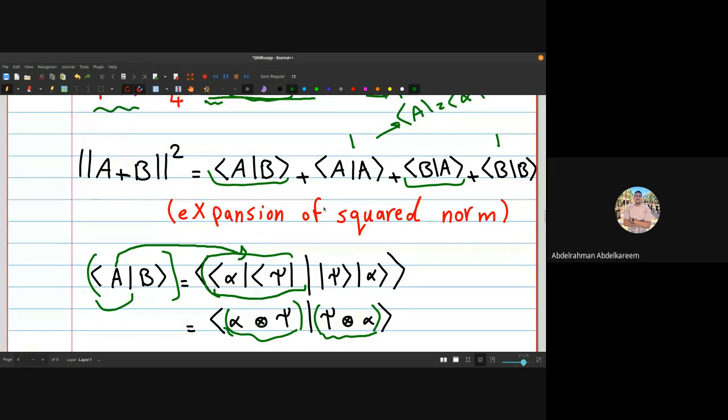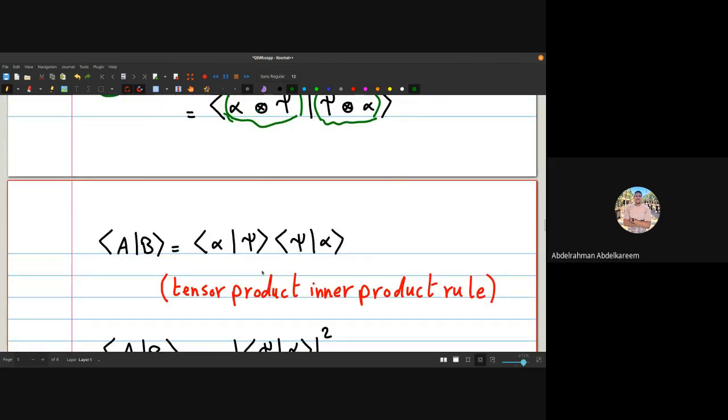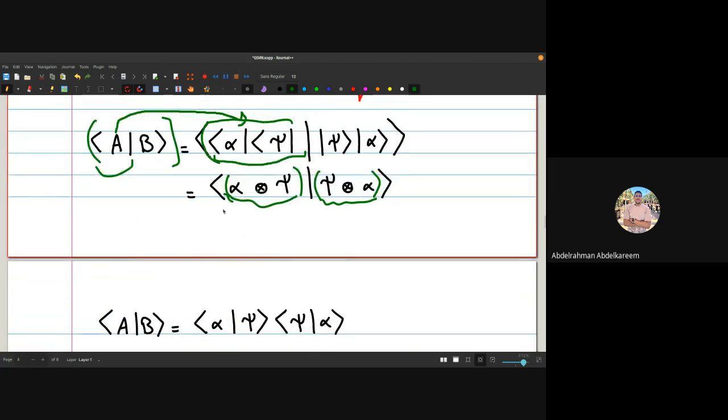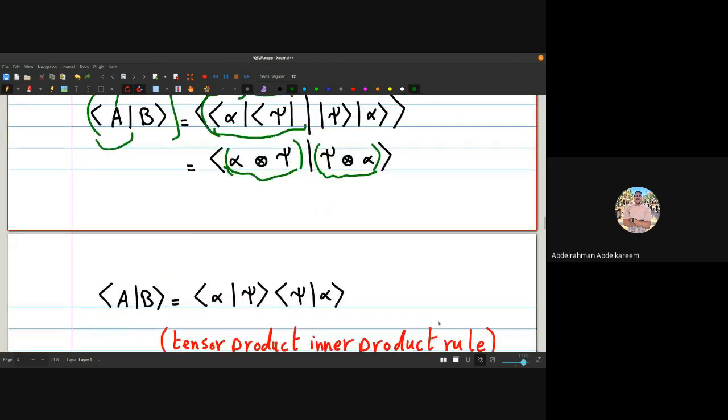So we want to get the inner product between A and B. So we end up with an inner product between two tensors. Okay, great. So there's a second rule, which is called the tensor product inner product rule.